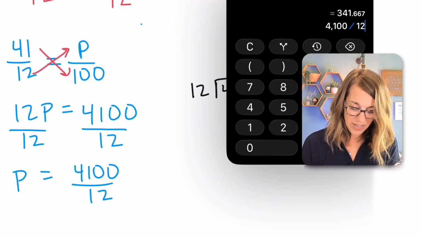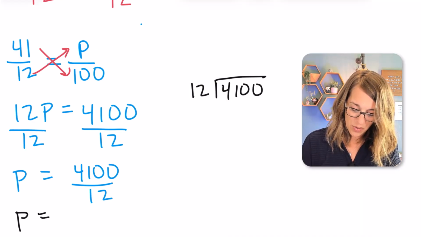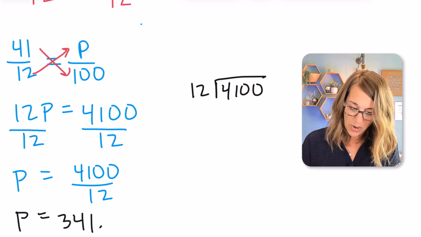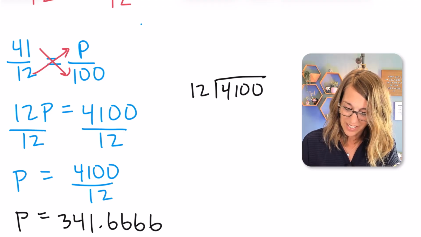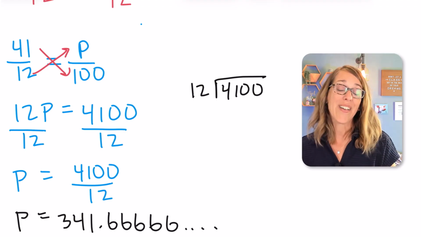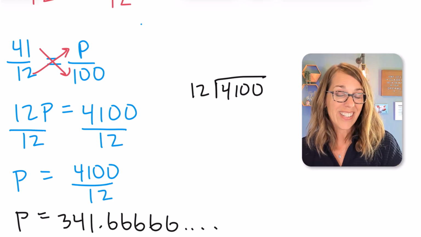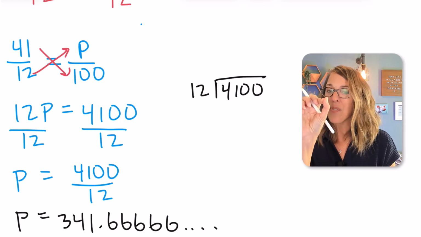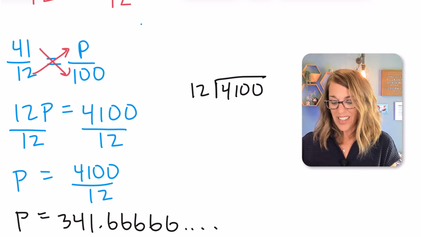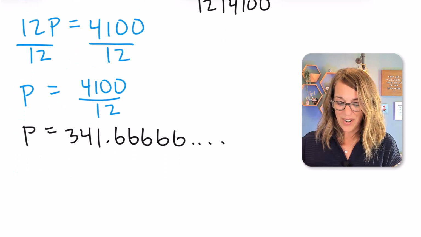So P is equal to 341.66666 forever and ever and ever. You could either round this, or I'm going to use a line over one of those sixes to signify that they continue going on forever and ever.